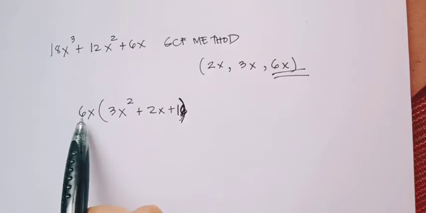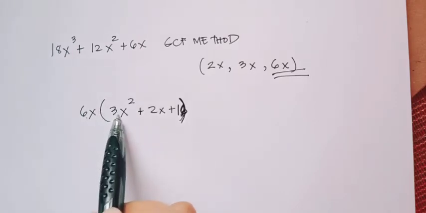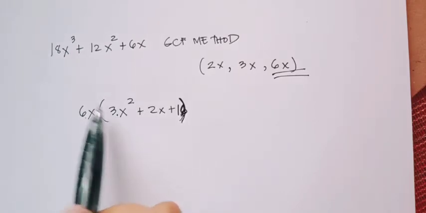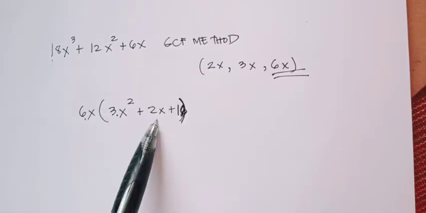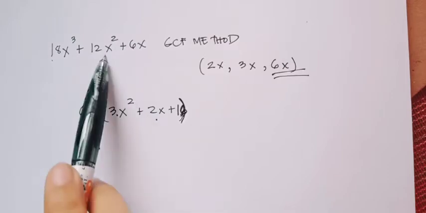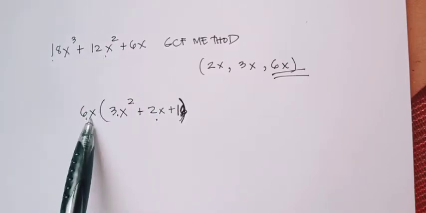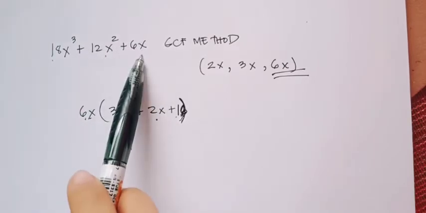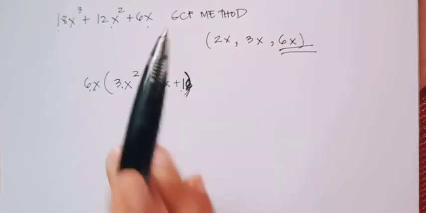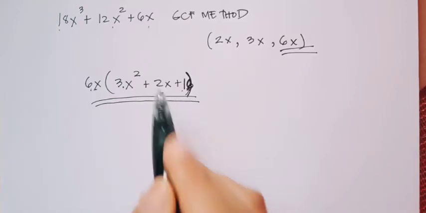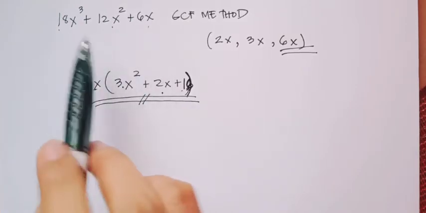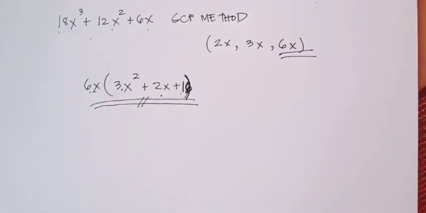Because when we multiply 6x times 3x squared, that would be 18x cubed. 6x times 2x, that would be 12x squared. And 6x times 1 is 6x. So there you have it. So this is our factored form of our given example.